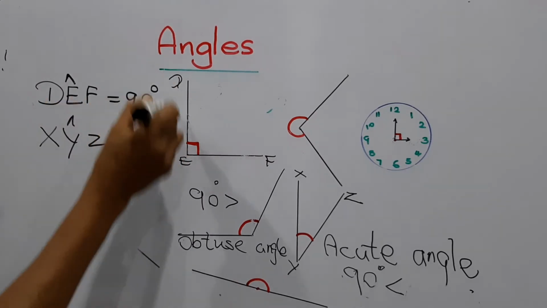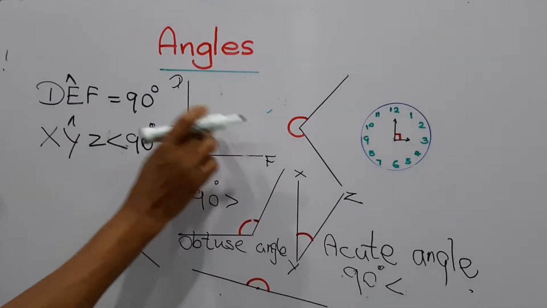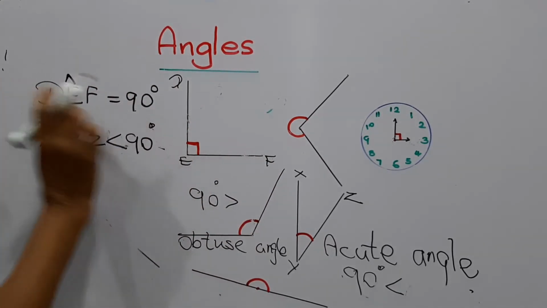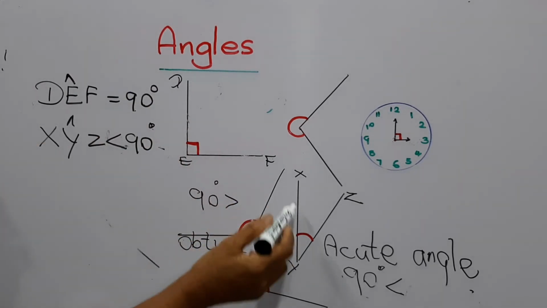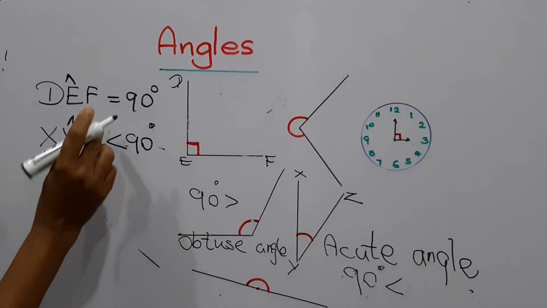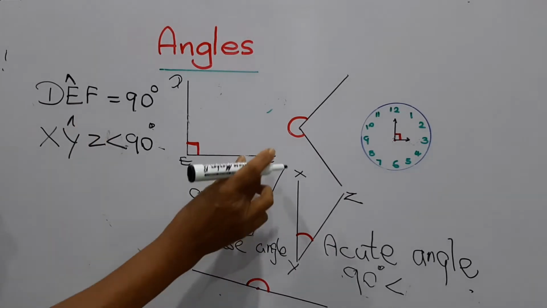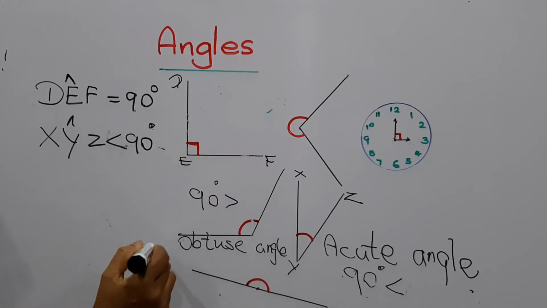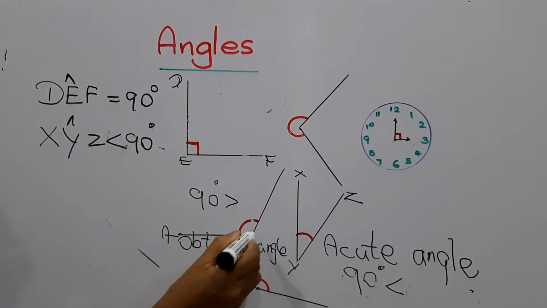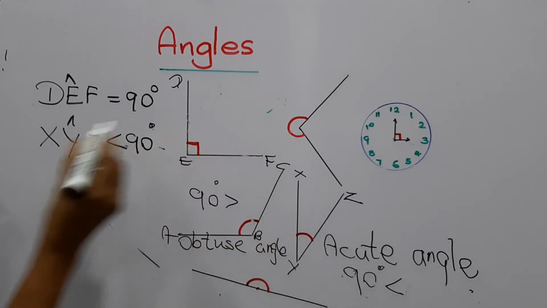This is equal, the DEF angle, that's a right angle, that is already the same as 90 degrees. When we take this XYZ angle, that is less than 90 degrees, we'll name this angle ABC.